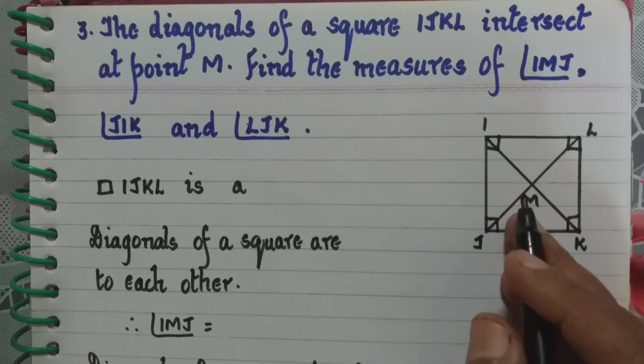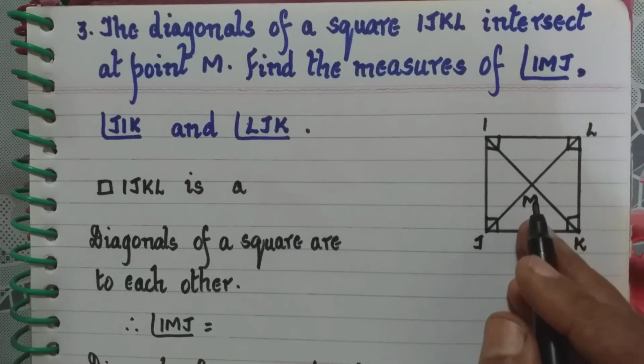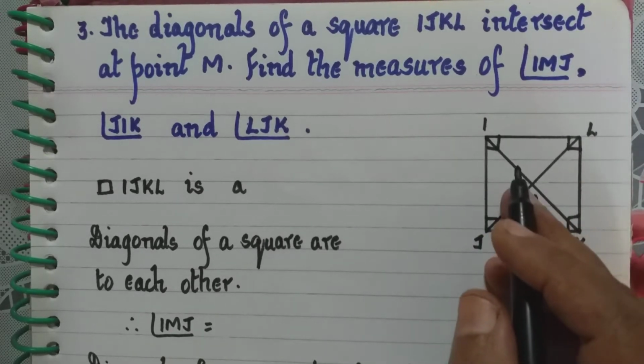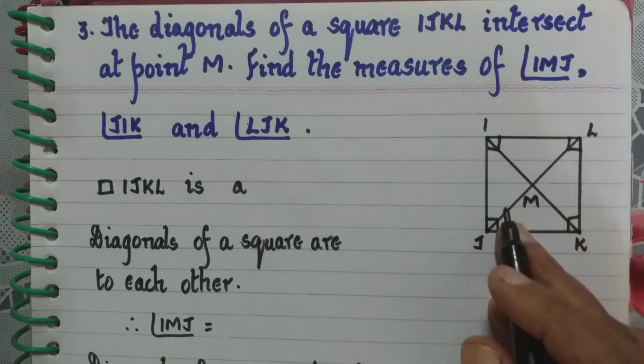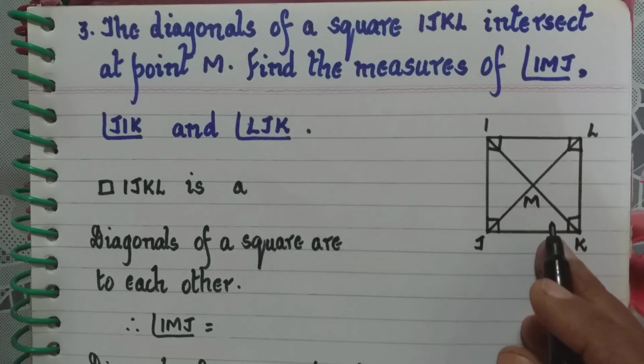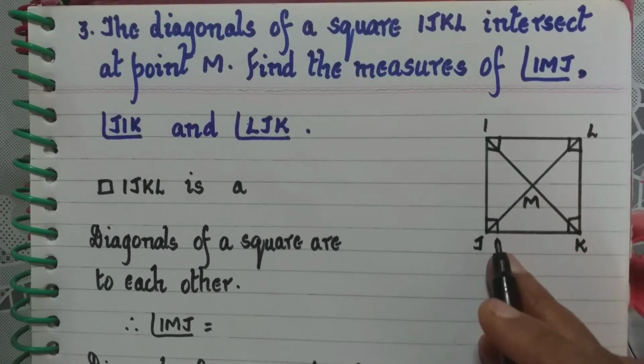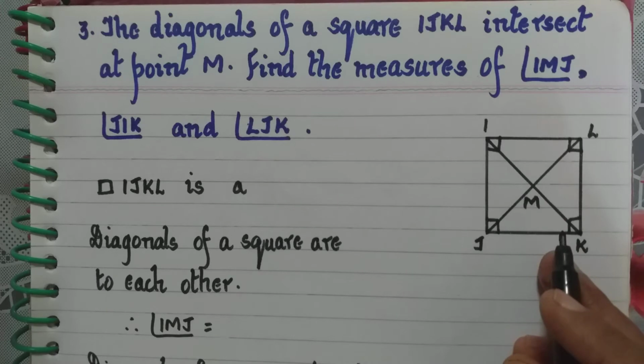So, all these angles here are right angles. They divide them into two equal parts and they divide them at right angles. So, they are perpendicular bisectors of each other. Also, diagonals of the square bisect opposite angles.